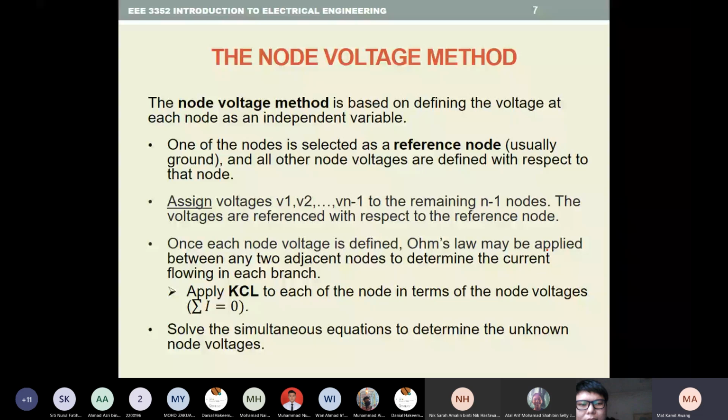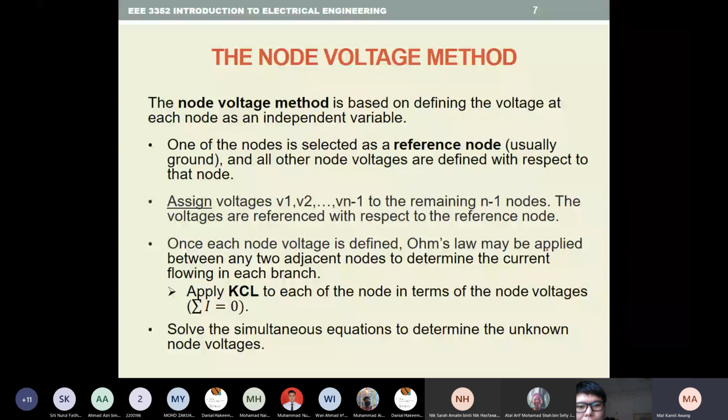So you assign the voltages V1, V2 up to Vn minus 1 to the remaining n minus 1 nodes. So basically, the first step, you identify how many nodes you have. Let's say you have 4 nodes. So from the 4 nodes, one node you define as the reference node, as the ground. So now you are left with 3 nodes.